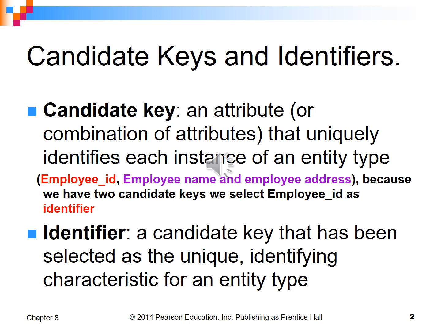Instead, we give them an ID, and we replace the employee name and the employee address with the employee ID. And since it is the employee ID, it's one attribute, so we consider it as a primary key or identifier. Identifier: a candidate key that has been selected as the unique identifying characteristic for any type.